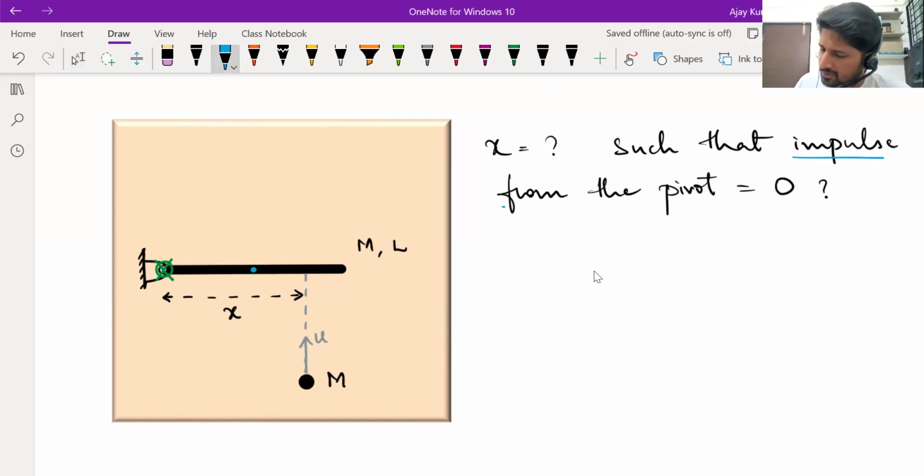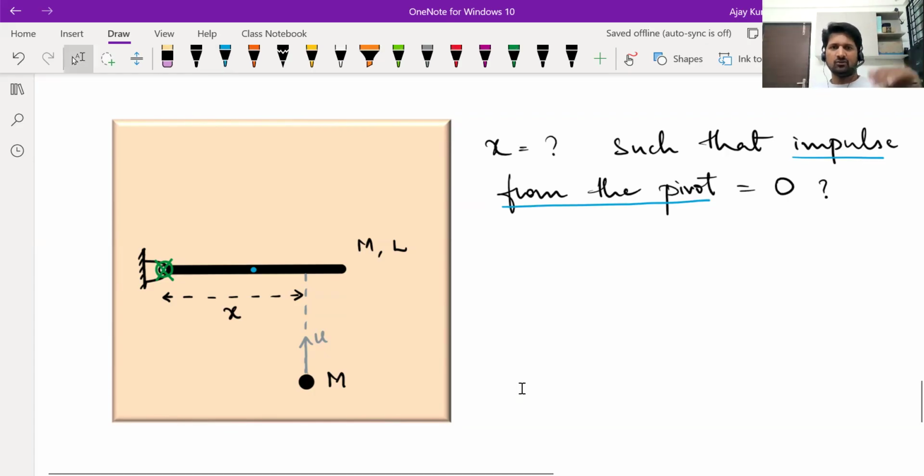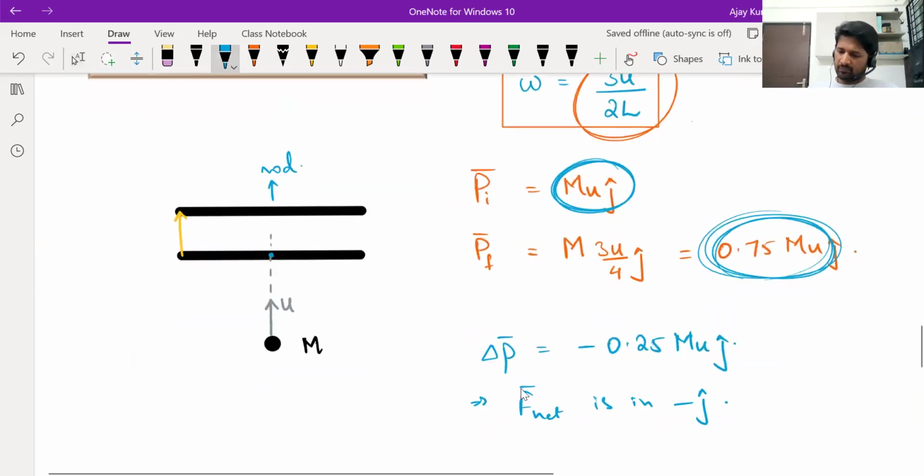Impulse from the pivot is 0. If the pivot is not exerting any impulse, then there is no impulse on the system at all. In the last two problems, the impulse exerted by the pivot was nothing but the change in momentum of this system, because the force exerted by the pivot is the only net force acting on it during the collision.